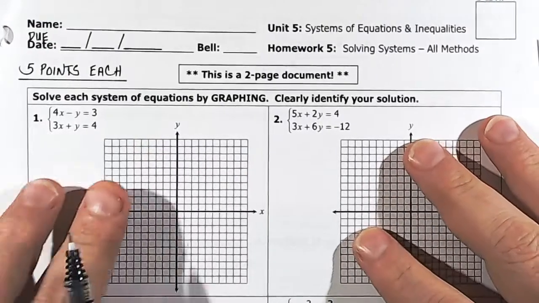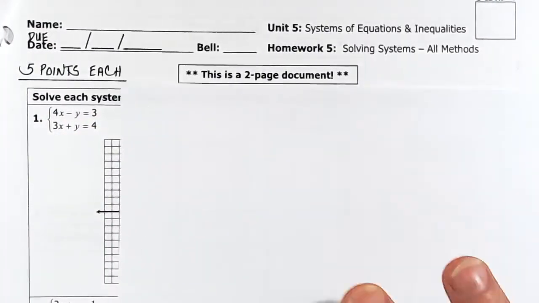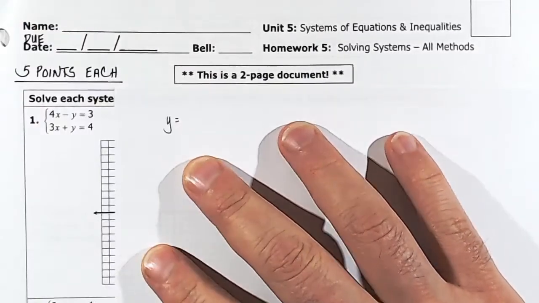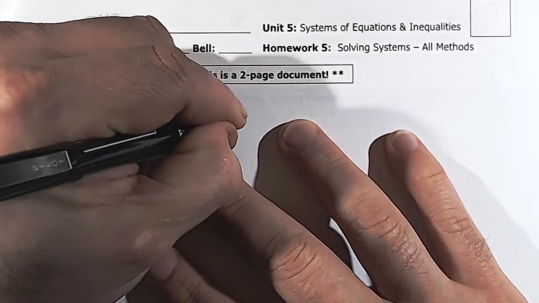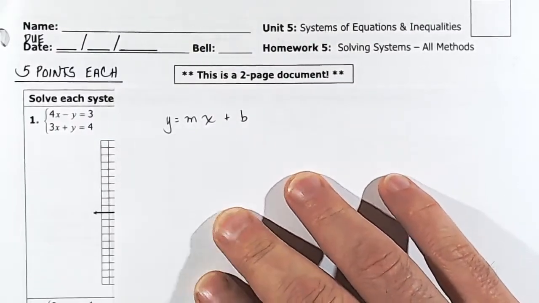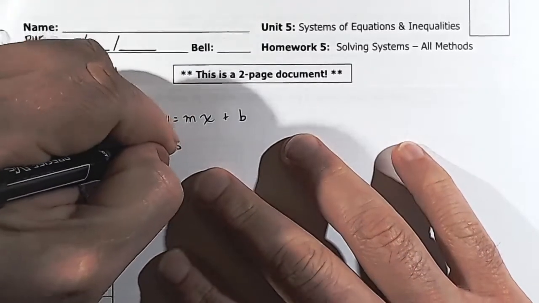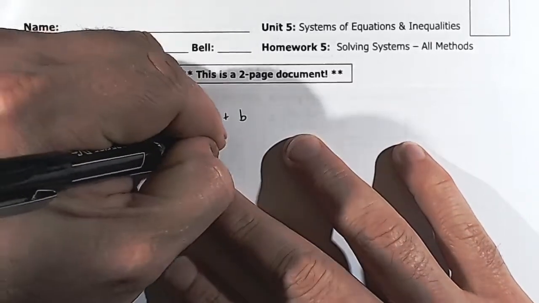Remember, in order for us to graph a linear equation, we need to have that equation in the form y equals mx plus b, where m is the slope and b is the y-intercept. And this is called the slope-intercept form, or slope int.